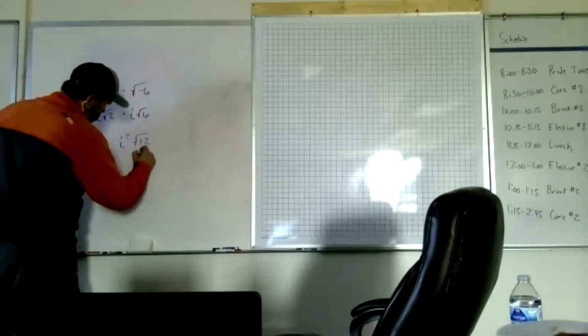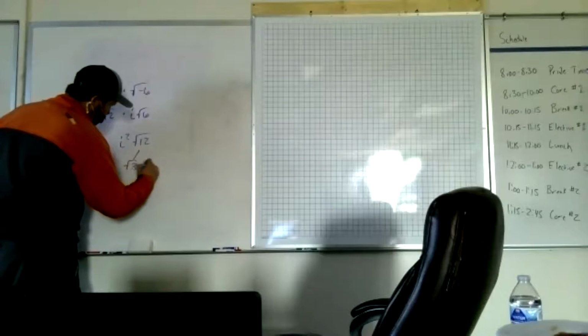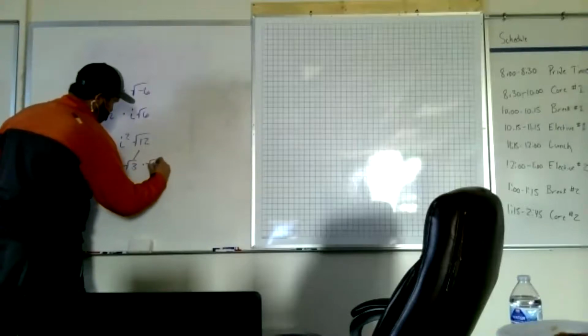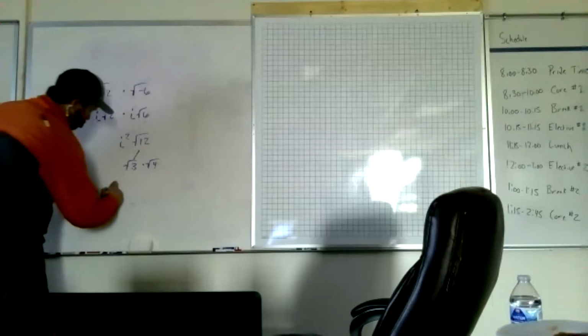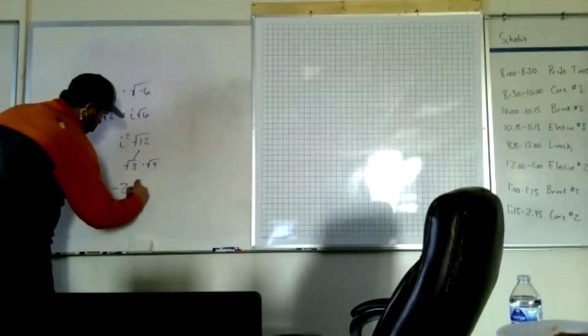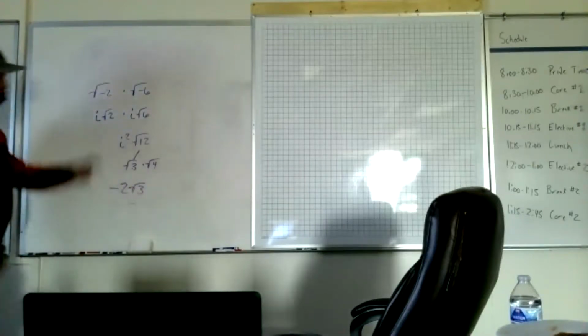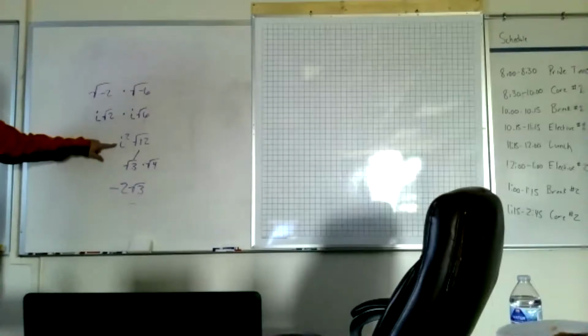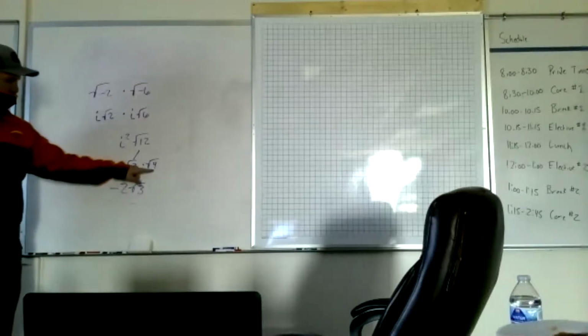Square root of 12 can be broken down into the square root of 3 times the square root of 4. So this would be -2 square root of 3. The negative comes from I squared because it's -1. The 2 comes from the square root of 4.